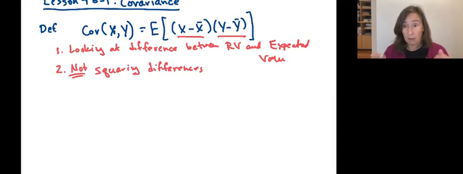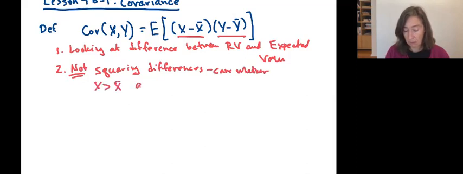When we're calculating covariance, we do care about the sign. Okay, we care whether X is greater than X bar and Y is greater than Y bar.